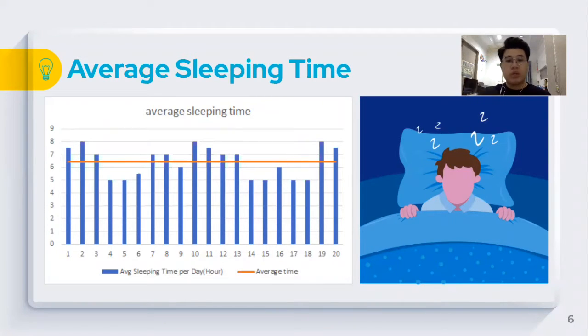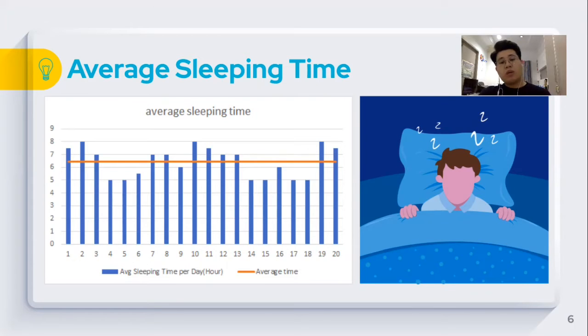From the presentation, you can see the graph. It is a frequency distribution table of the average sleeping time, which we can see that the data are diversified with only a few of the data that reach near the average line of 6.5 hours.